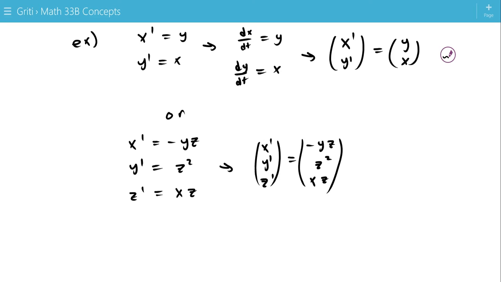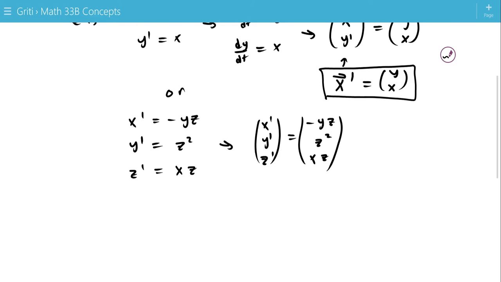We commonly write this vector on the left-hand side as x with an arrow on top, prime. So in this way, we can turn the system of differential equations into one vector equation. In this case, we would have x arrow prime equal to negative yz, z squared, and xz.